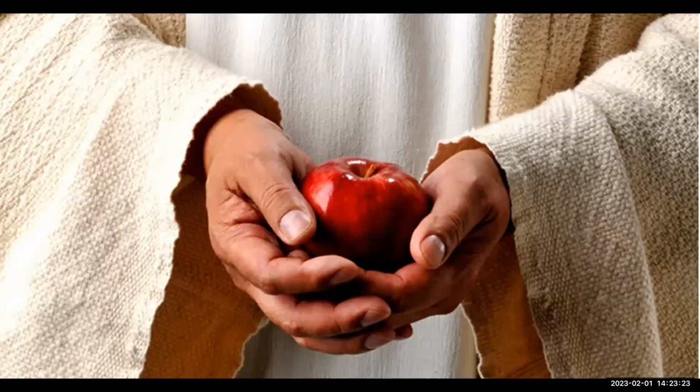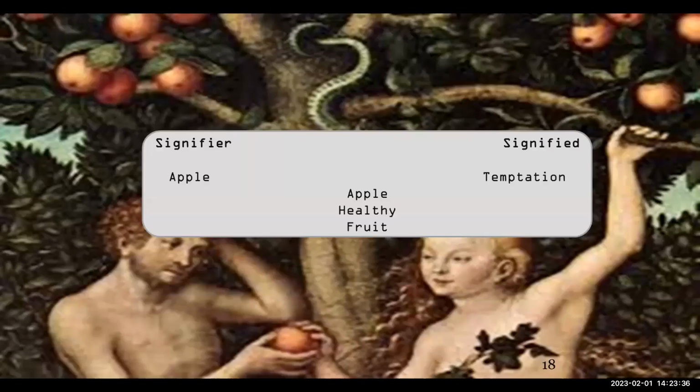If you look at Western culture, the apple, we know how well it's been used. In the Abrahamic culture, the apple was what Eve was tempted with, and it was the symbol of temptation. It started off with that, right? So the signifier was the apple, the original element. It was a fruit, a healthy fruit. That's all it was.